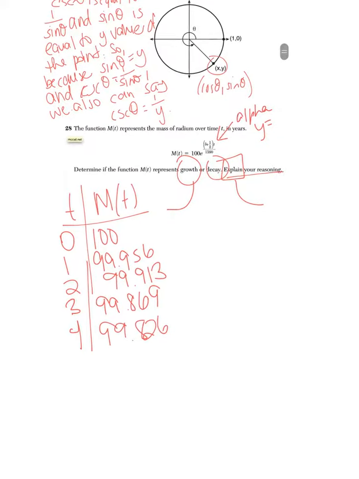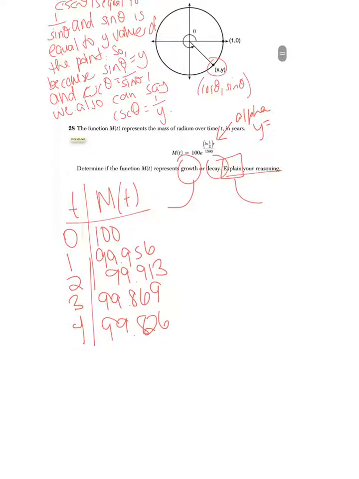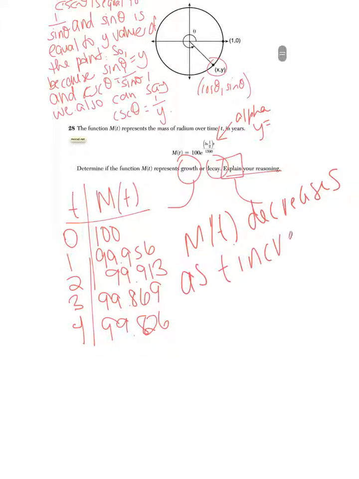Okay, you have to say then, as the values of t are increasing, m of t is decreasing. Okay, so what you would say is m of t decreases as t increases.